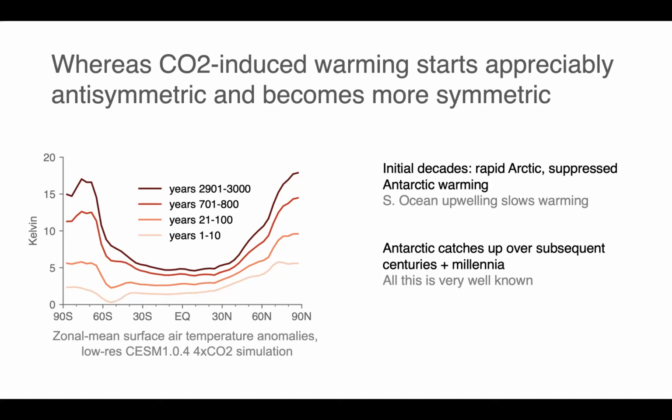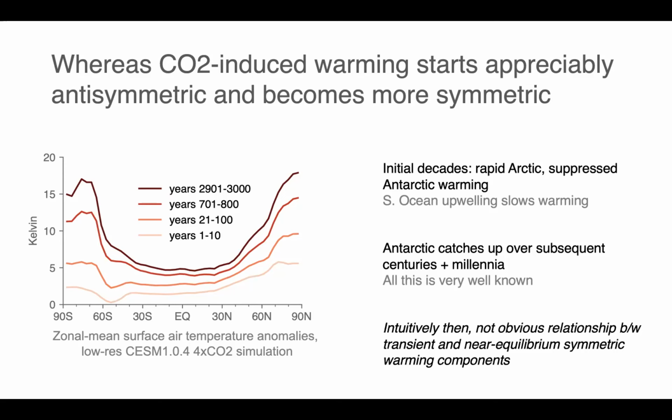And as this audience mostly knows, surely, we have Southern Ocean upwelling that slows warming initially, and you have rapid Arctic warming, but the Antarctic sort of gradually catches up to some extent, at least, over subsequent centuries and millennia towards equilibrium. So initially, a largely antisymmetric response.